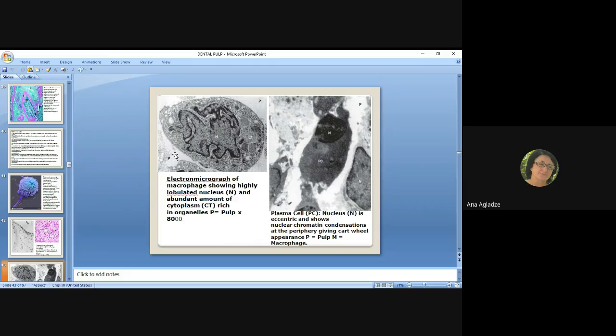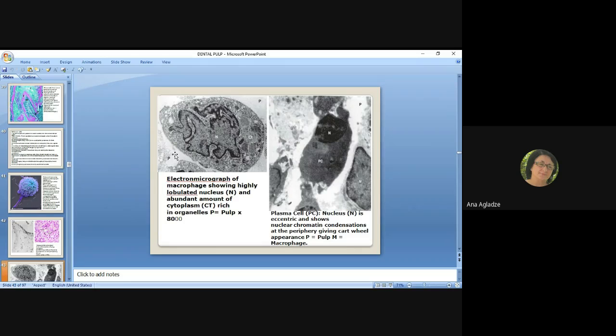And what happens when there is infection? After activation of macrophages by interleukins and other activating chemokines, the endothelial cells of blood vessels retract from each other, and gaps or clefts appear between these endothelial cells.